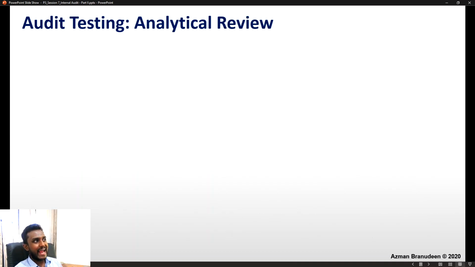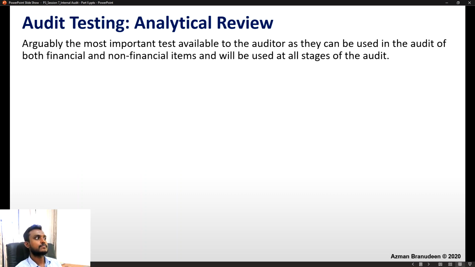Next, we look at analytical review. Arguably, this is the most important test available to the auditor, as they can be used in the audit of both financial and non-financial items and can be used at all the stages of the audit.